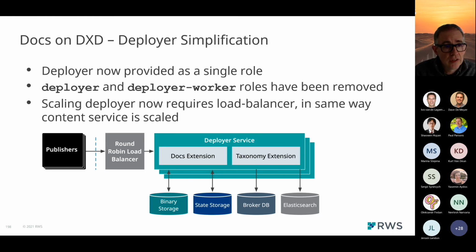We just have a single deploy role that can serve either purpose. If you do want to scale it horizontally, you do need to add your own load balancer in front of it, much like you would in front of our own content service. It simplifies the deployment options a little and reduces some of the configuration points. And then each of those services will talk to the various data stores that I covered earlier in the session.